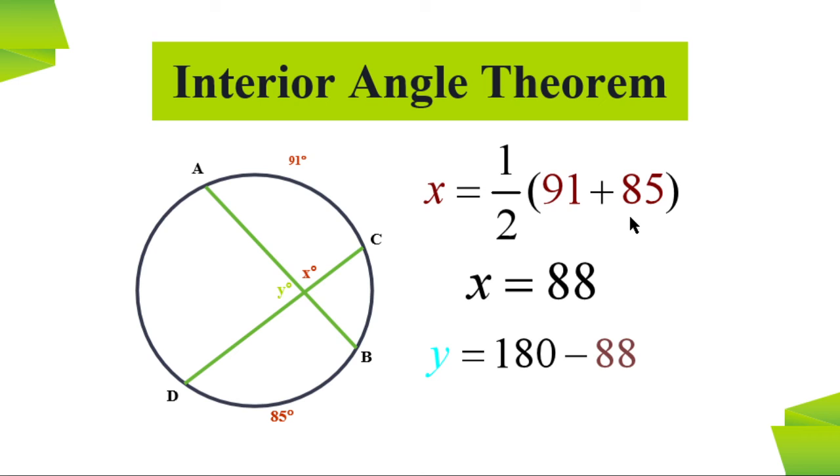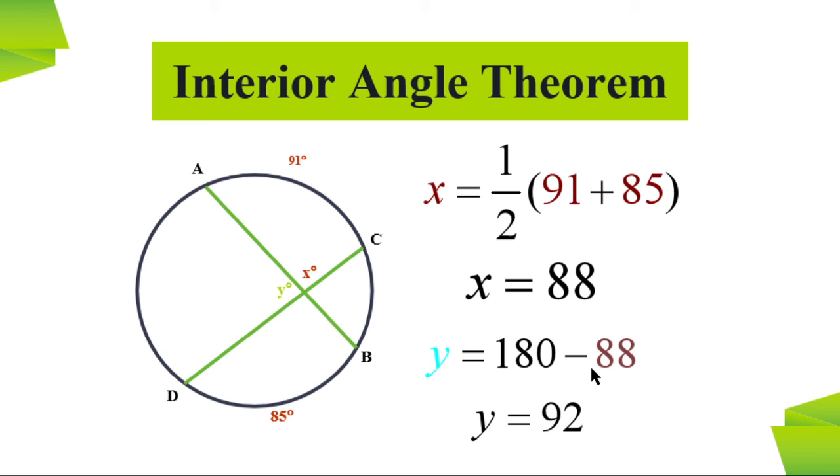If we apply the straight angle theorem here, and the measurement of angle x is 88, to solve for the measurement of y we subtract 88 from 180, and we will have y is equal to 92.